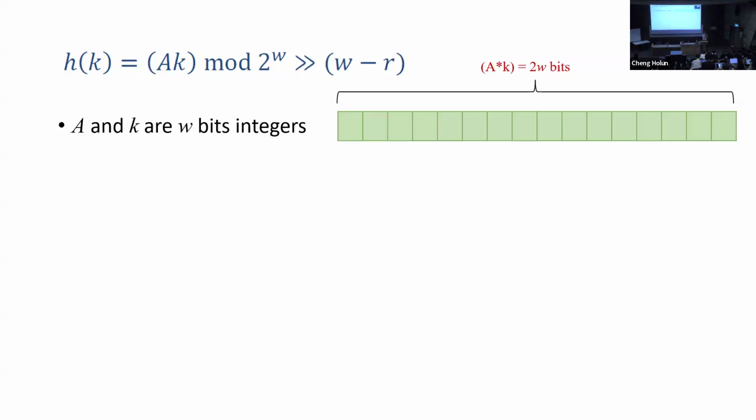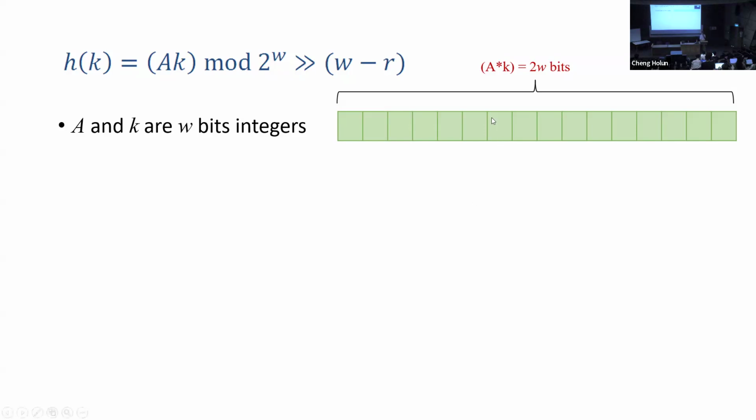For example, if you have a 2-digit number, 99, multiply another 2-digit number, the biggest number is 4 digits. If you have a 5-digit number, multiply 5-digit numbers, the biggest number is 10 digits. So a w-bit number multiplied by another w-bit number, the biggest number is 2w bits.